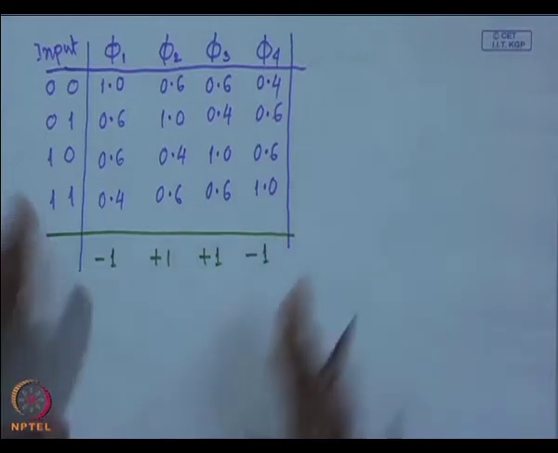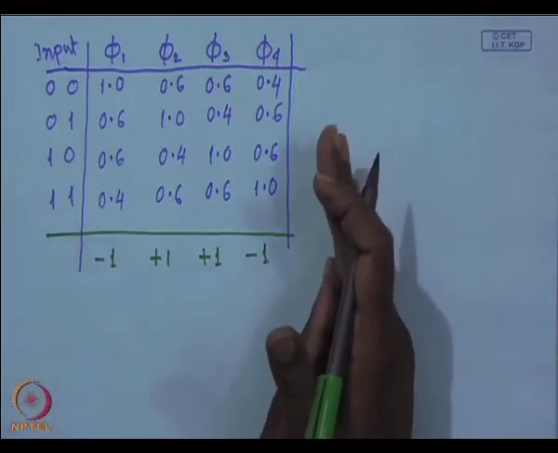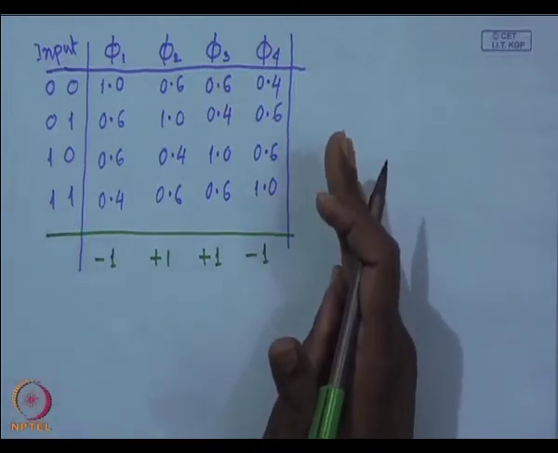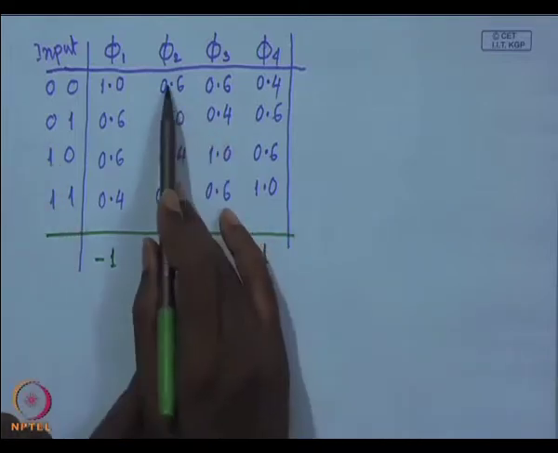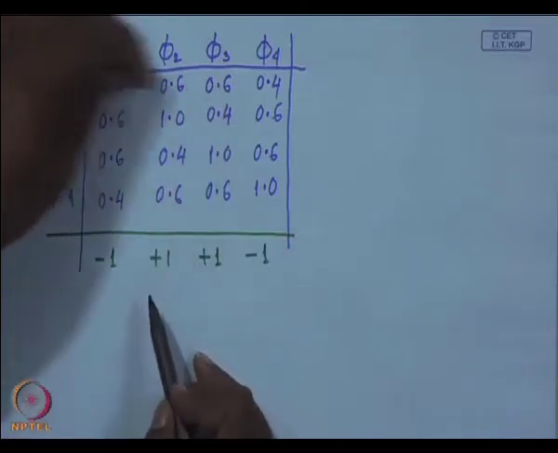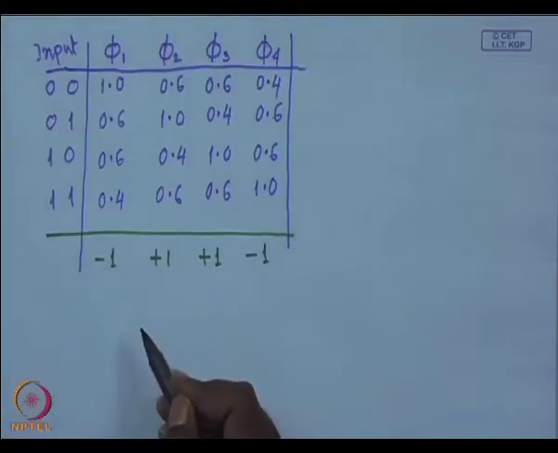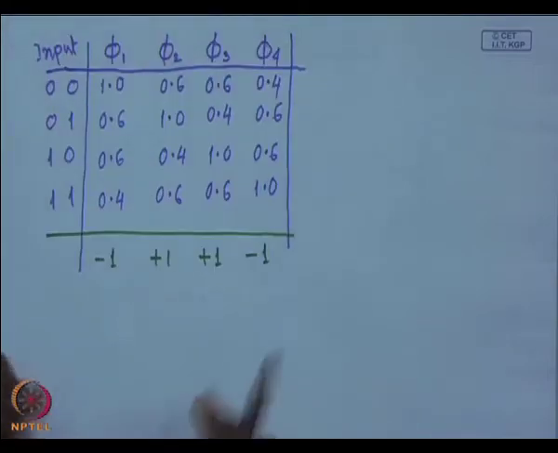Okay. So, the function that I will finally compute at a node in the output layer will be phi 2 plus phi 3 minus phi 1 minus phi 4. And if I compute this, let us see what are the values that I get.